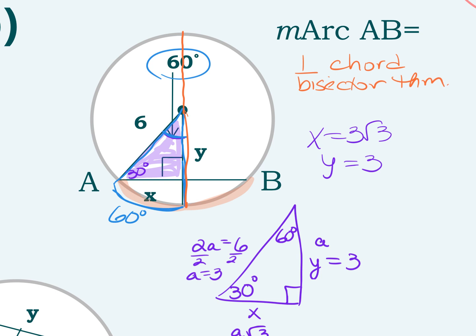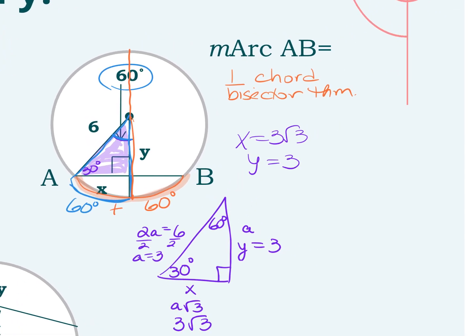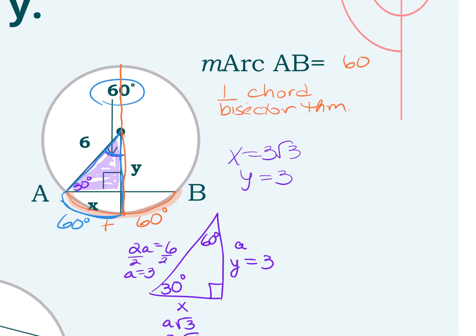And because the chord has been bisected, so has this arc measure. So this side is also 60. So I could use my arc addition postulate, and to find the measure of arc AB, I'm going to add 60 plus 60, and it'll be 120 degrees.